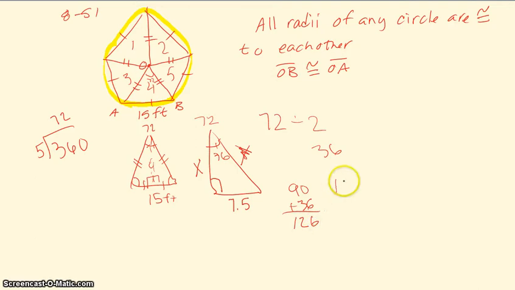Then 180 minus 126 is 54. So now that we know all of our angle measurements, it'll be a lot easier to find our height.